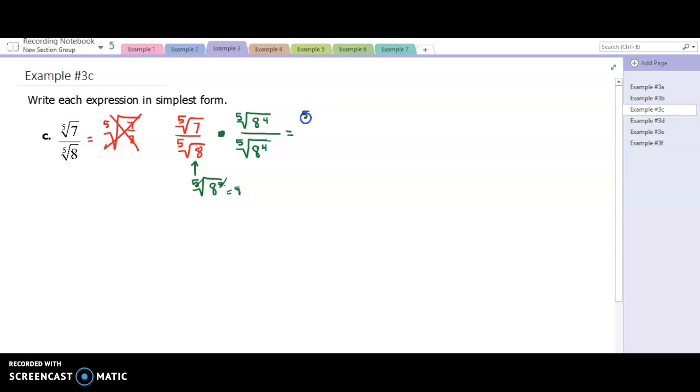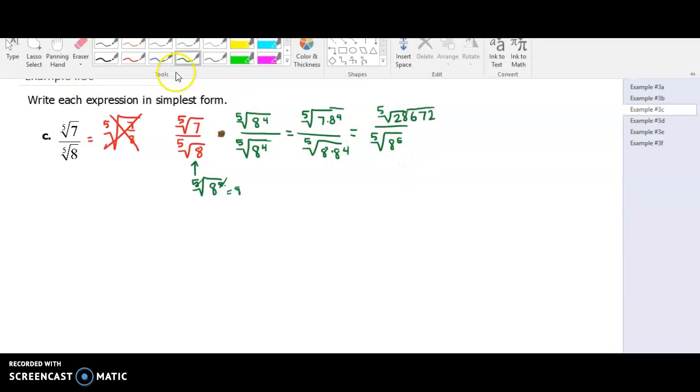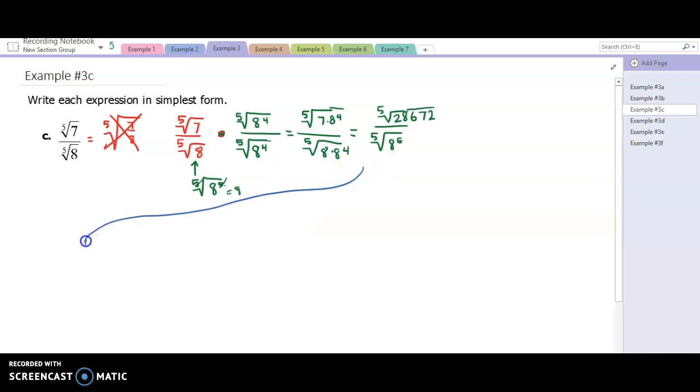So what I get here is 5th root of 7 times 8 to the 4th over the 5th root of 8 times 8 to the 4th, which is, the bottom is 5th root of 8 to the 5th over, and the top, let me check my calculator here, is the 5th root of 28672. That's a big number.